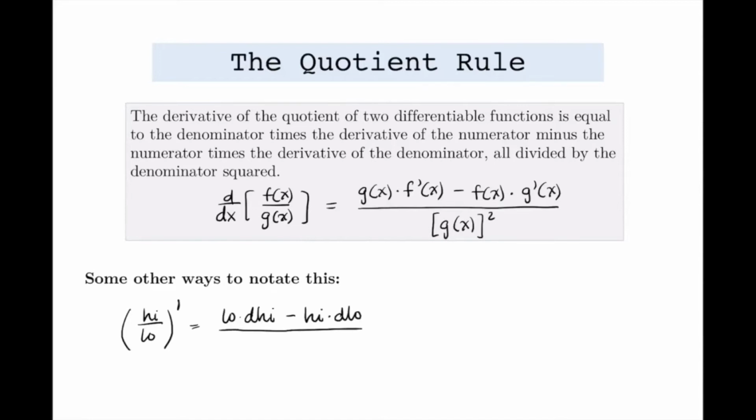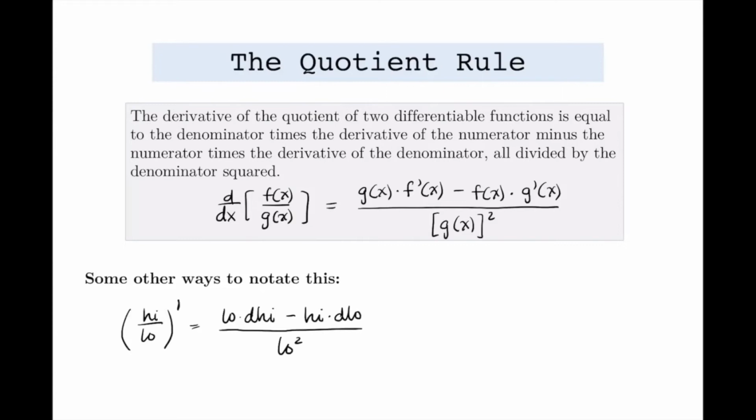And that's all over the denominator squared, so low squared. This one's kind of fun because it's easy to memorize: low d high minus high d low over low low, or low squared. If this makes sense to you, then feel free to use that.